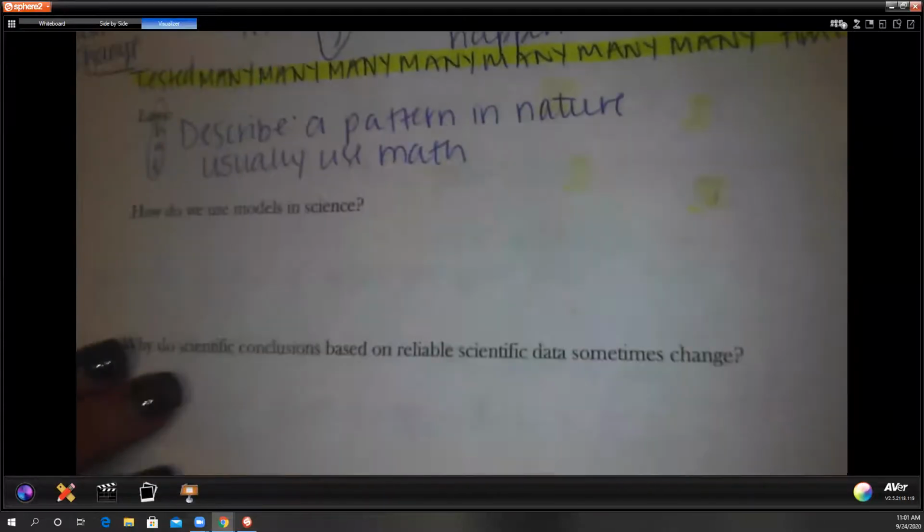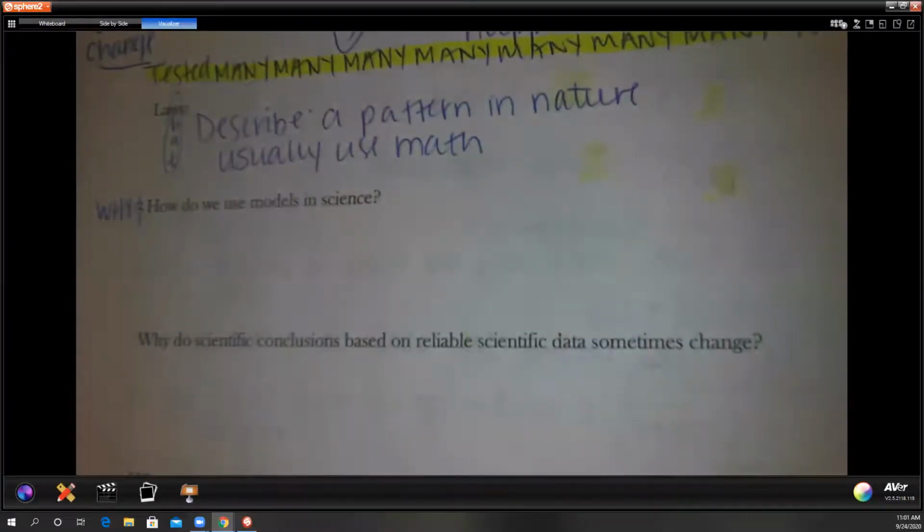It should say why and how, because we can answer both those questions. How or why do we use models in science? Think about the study island question that we talked about before. Why might we use models? You use models of something that is too big or too dangerous to work with in person.